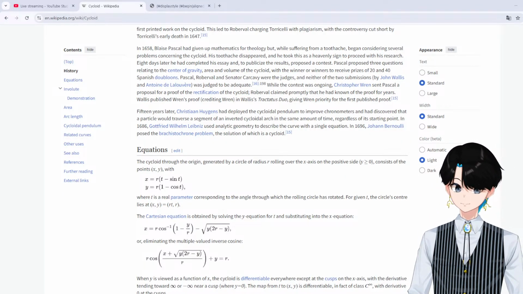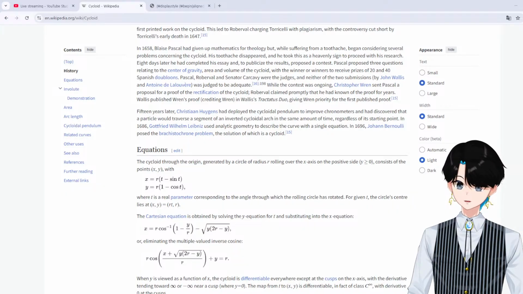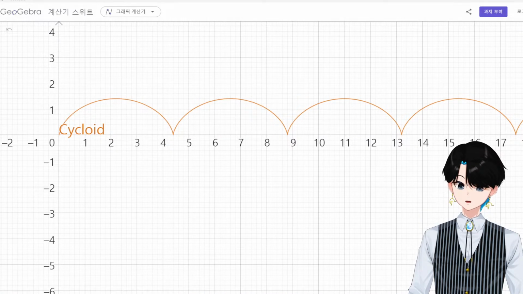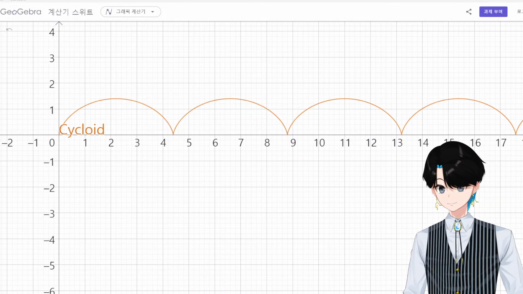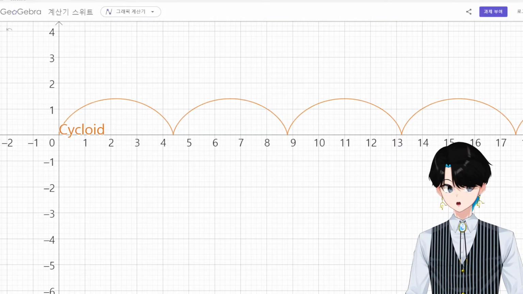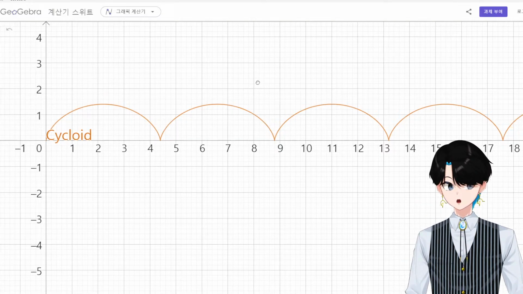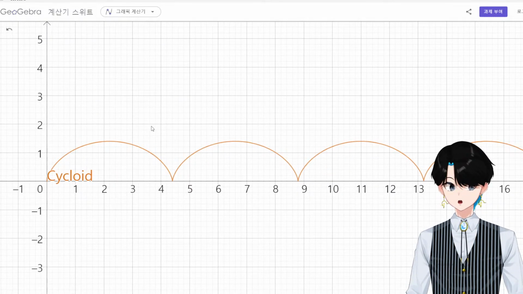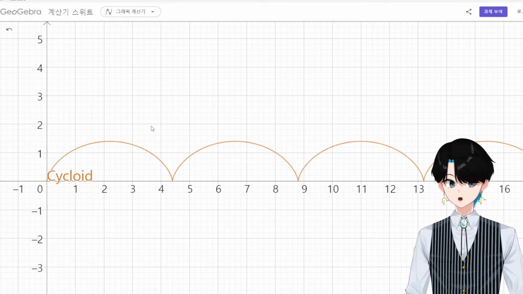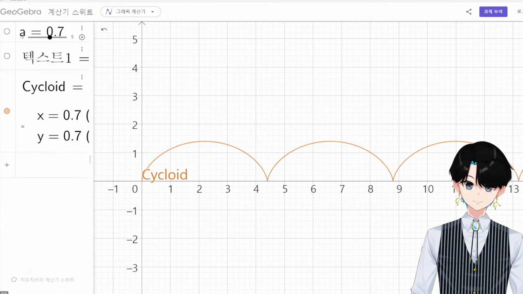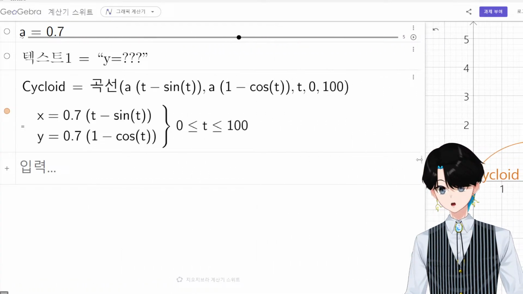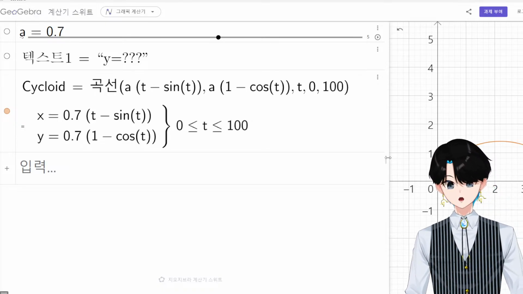Or I could turn on the GeoGebra. As you can see, this is actually a formula I found on the internet.